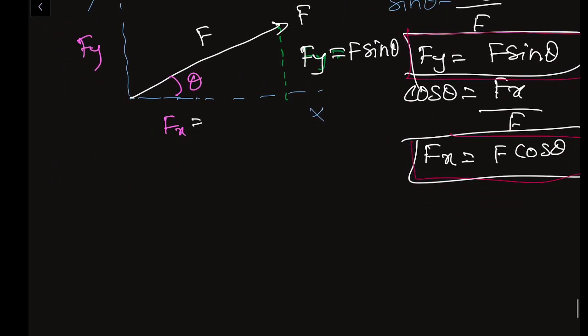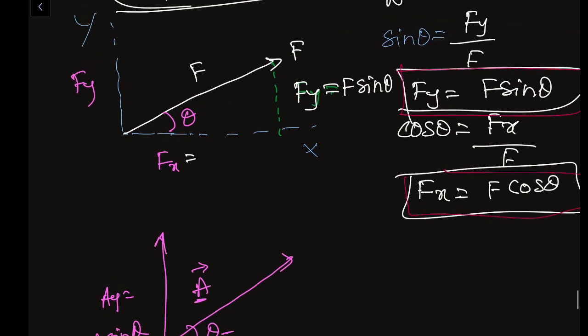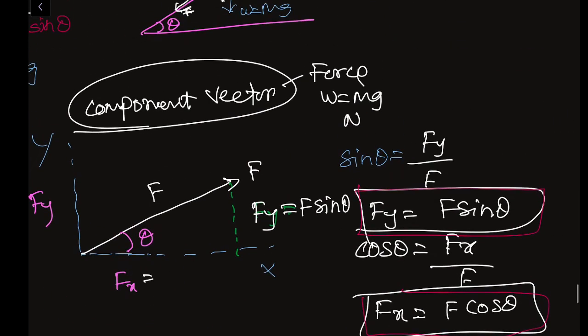Suppose here a vector A is there. That's why A along x is A cos theta, A along y is A sin theta, based on the angle. So this is the component of a vector, my children.